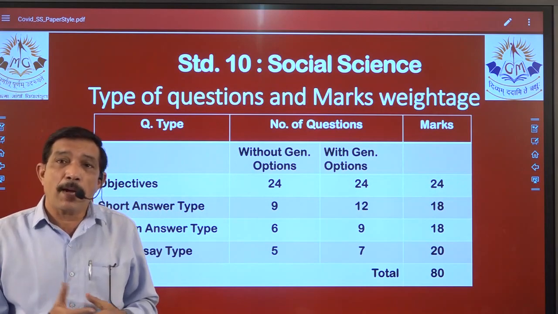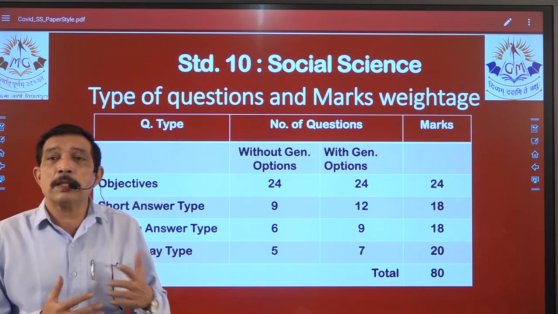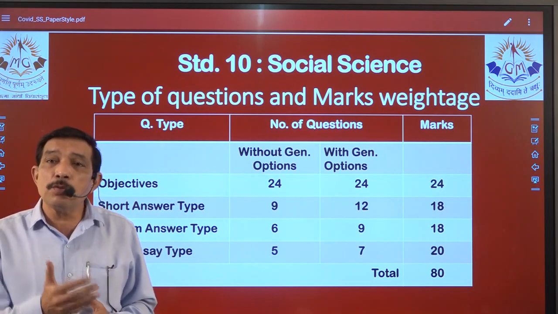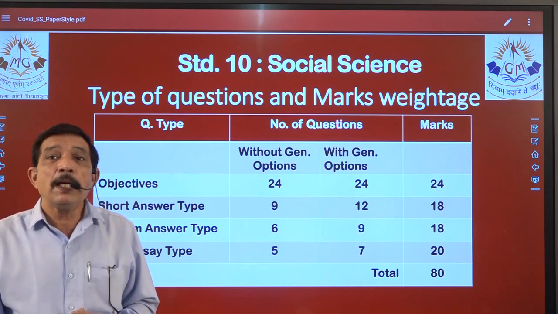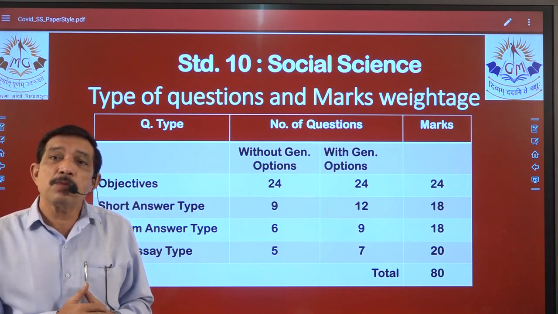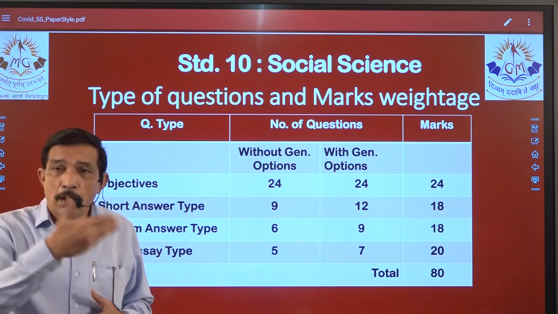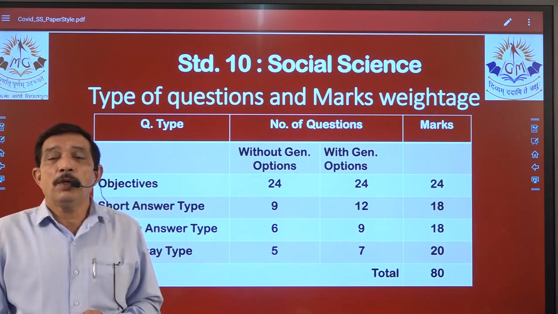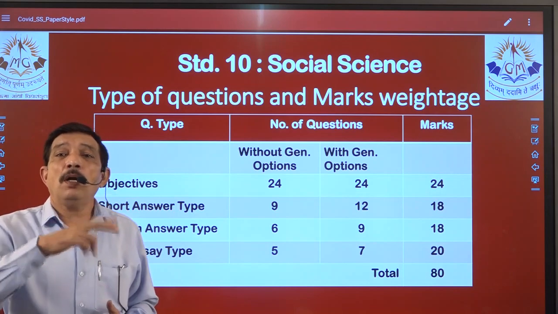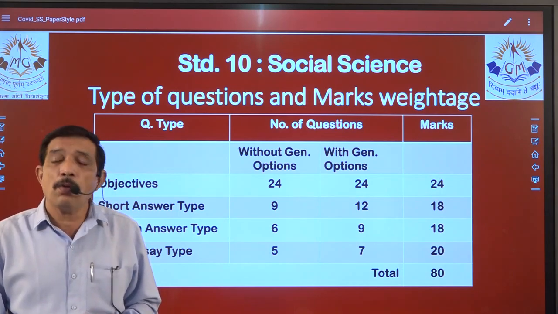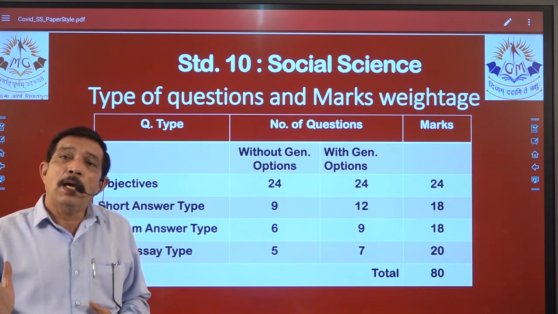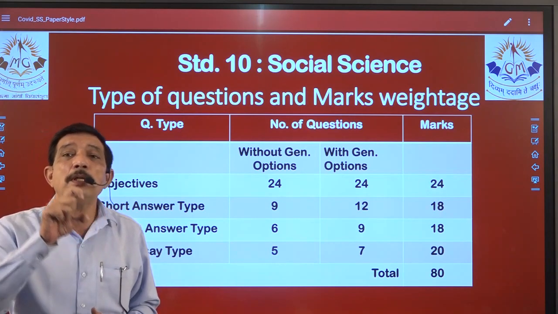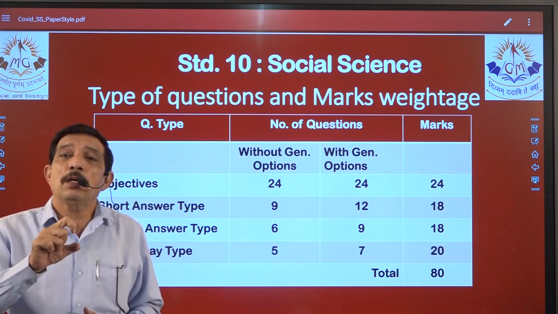In the earlier paper pattern, section B is where you start your descriptive, that is 2-mark questions, right? In many of the chapters, we had an option that 2 questions are given from the same chapter, so you can attempt either one, whichever is suitable to you. Now, what has been done is general options are given rather than giving particular question options.